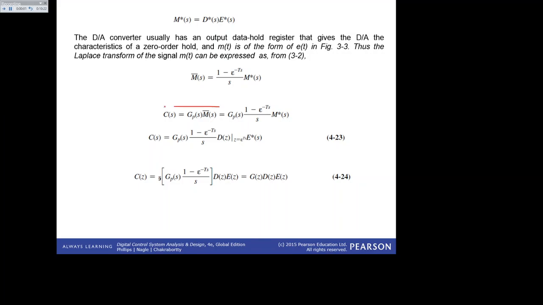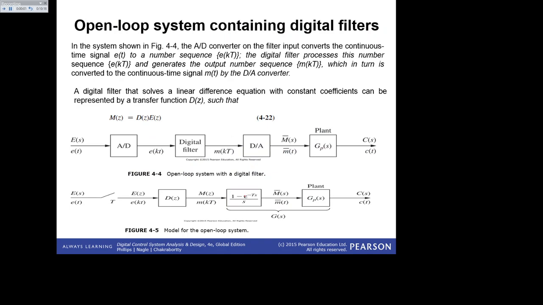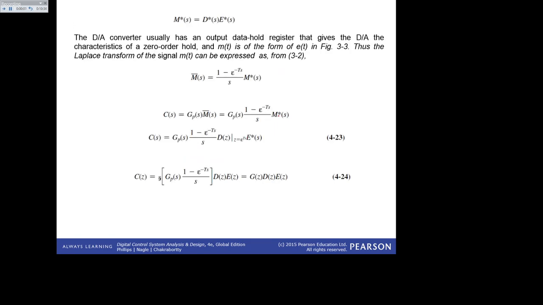We know that M(s) here is the transfer function of the zero order hold times M(z), the input here, or M*(s). So this is the same as this: G_p(s) is the same, the zero order hold is here, and M*(s) you need to convert to M(z).